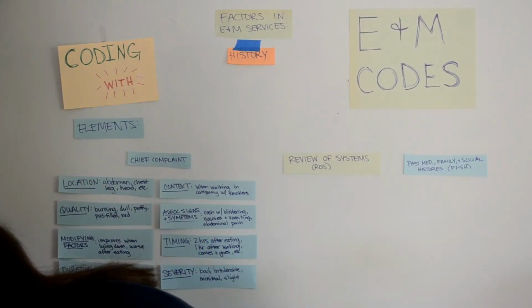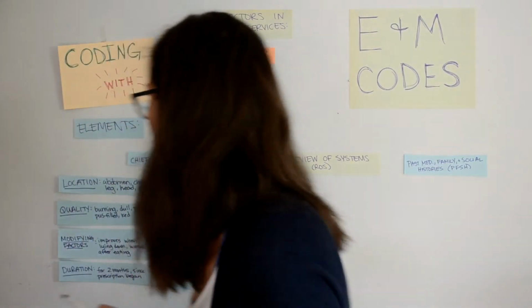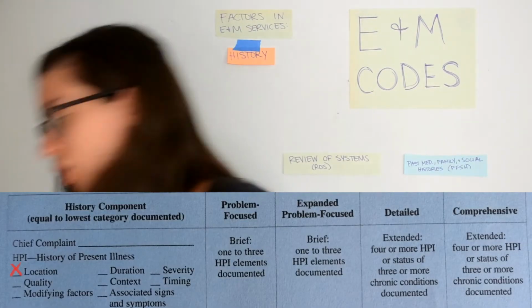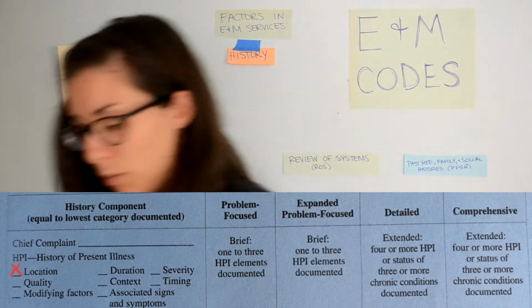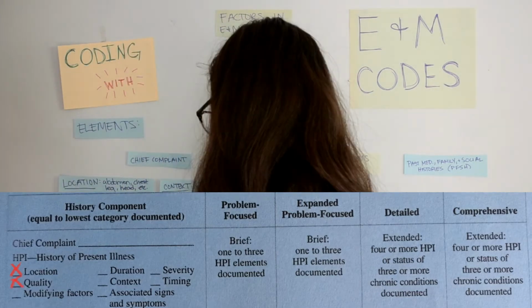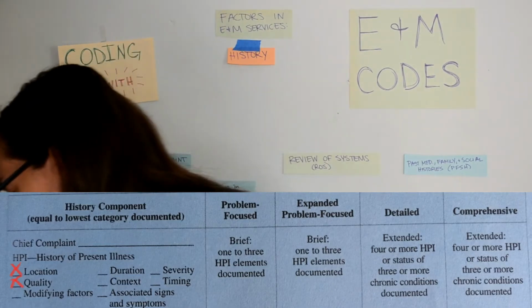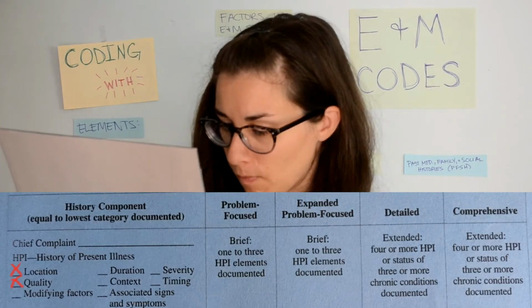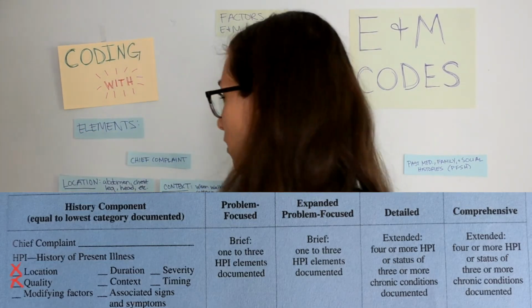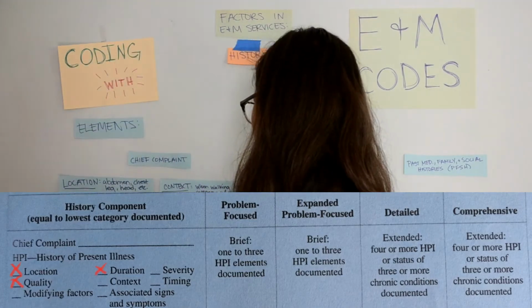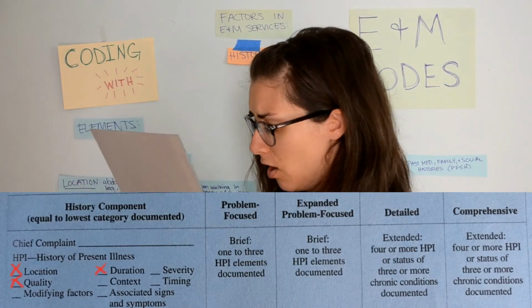Patient seen in clinic complaining of irritated throat, runny nose, and pressure in the cheeks area. So we know the location: cheeks, throat, and nose. We also know the quality because irritated, runny, and pressure were all describing the location of the body. For the past 3 days, that would be duration.